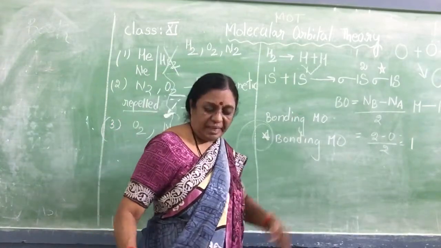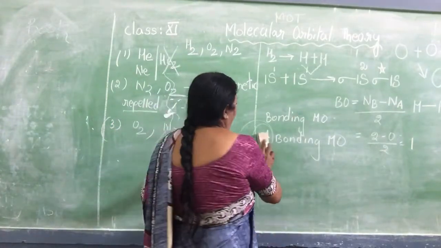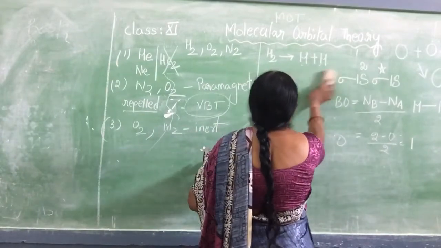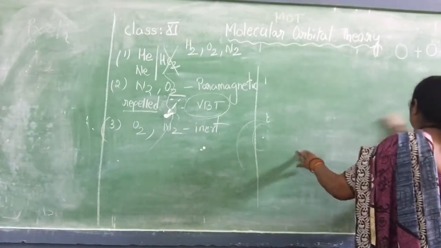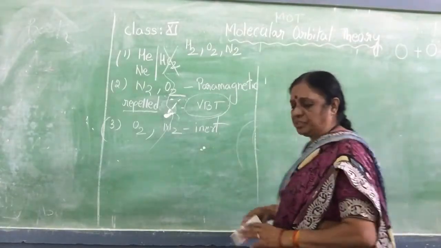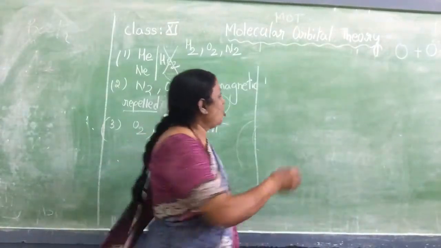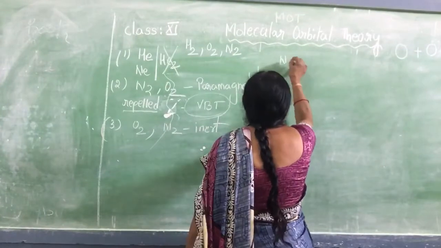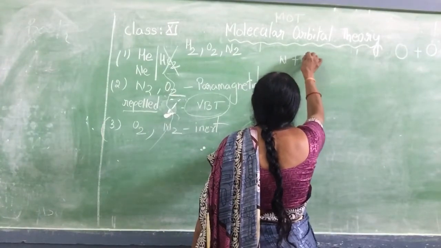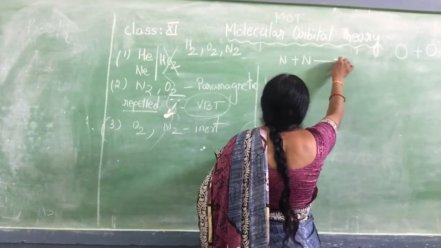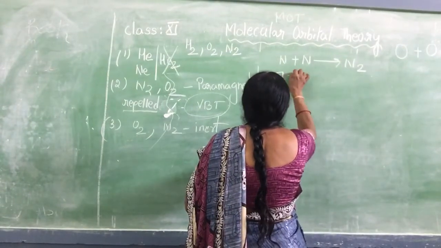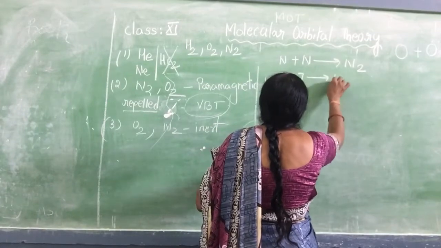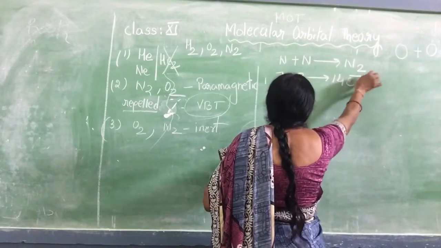Clear, children? Now next, I will explain how the AOs combine together to form MOs. If you take, children, nitrogen, atomic number is 7. One atom of nitrogen, one atom of nitrogen, combine together to form an N2 molecule. 7 plus 7, total number of electrons is 14.